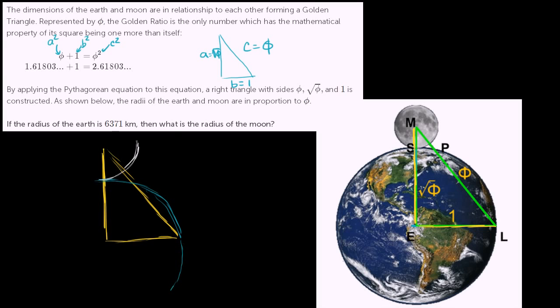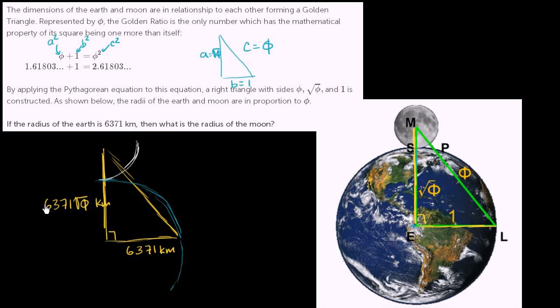They told us that the radius of the Earth is 6,371 kilometers. Well, they also told us that the height of this right triangle is square root of phi Earth radii. So if we write it in terms of kilometers, it's going to be 6,371 times the square root of phi kilometers.